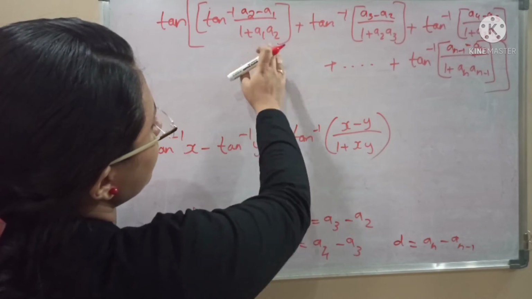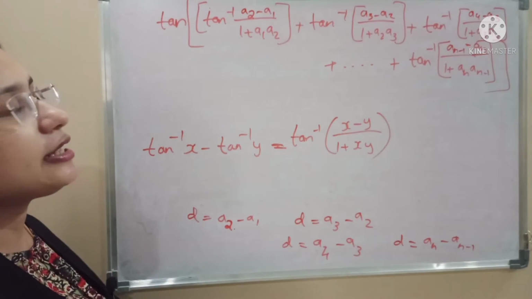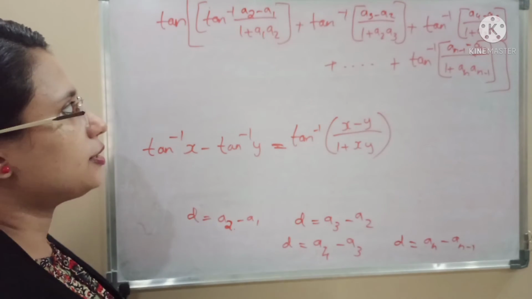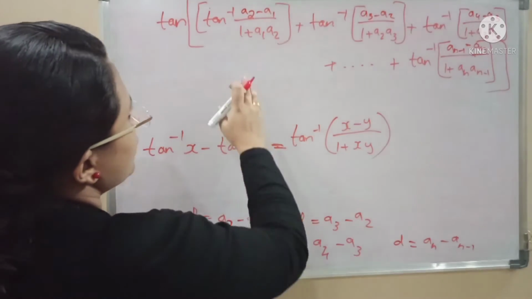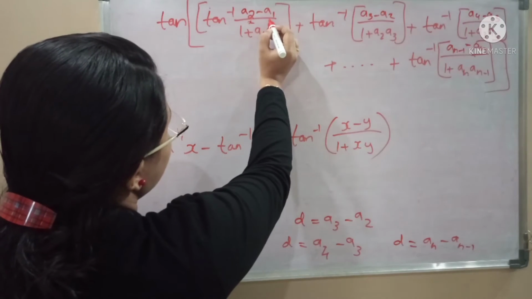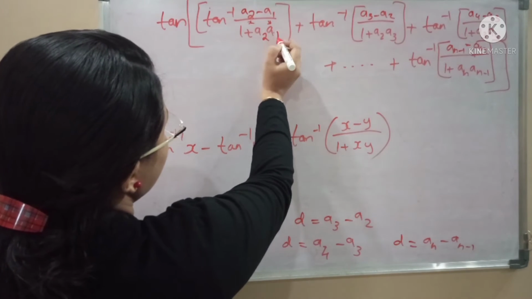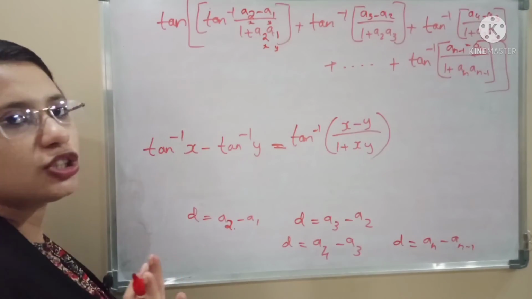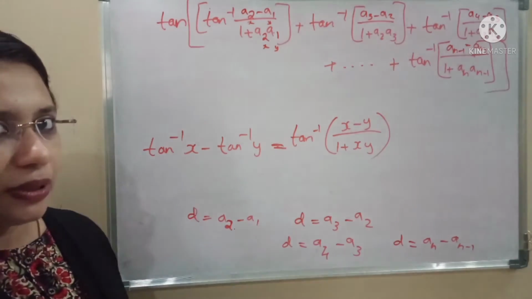So now you can see here a1 a2, if I am writing it as a2 a1, both will be the same, right? Because it's just a multiplication. So if we are taking a2 as x and a1 as y, then just rearrange this as a2 and a1. So this will be x, this will be y. Clear? There is no change for this value because it's multiplication.